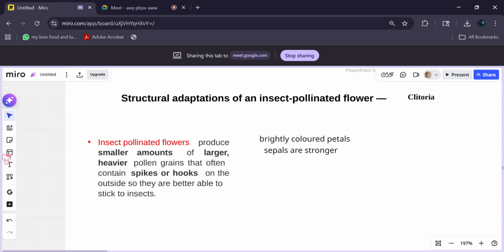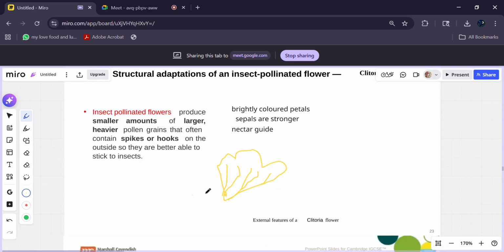Another thing is the petals that they have are nectar guides. In the petals, there tends to be lines, shades of line. These lines are considered nectar guides.